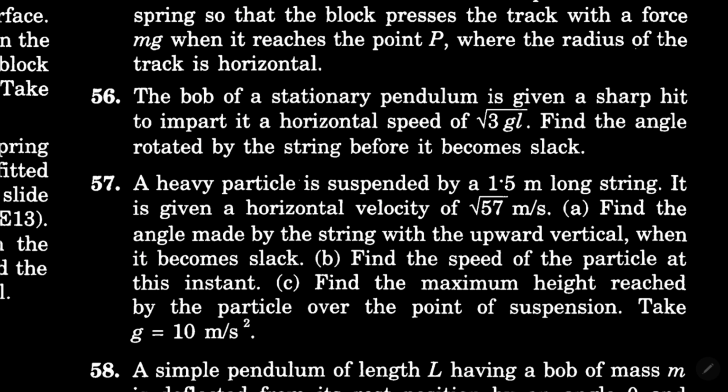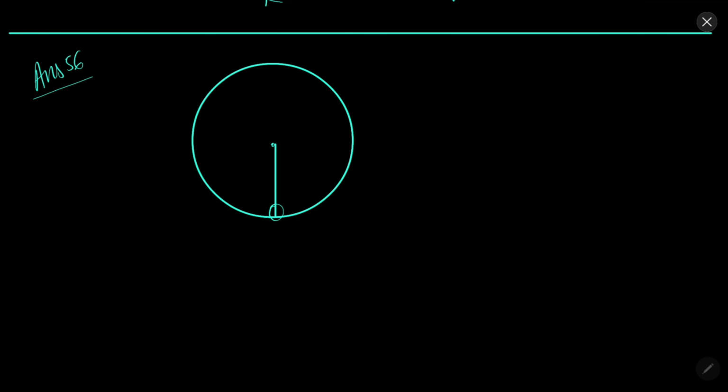In question 56, the bob of a stationary pendulum is given a sharp hit. We need to find the angle rotated by the string before it becomes slack. This is solution 56. So we have this scenario. The length is L, velocity is v.